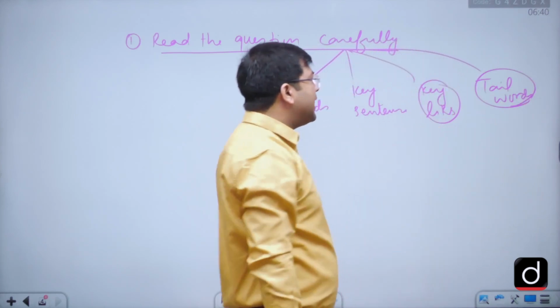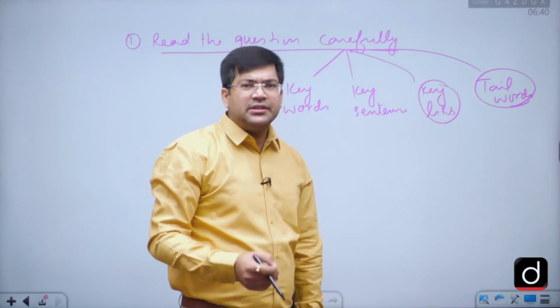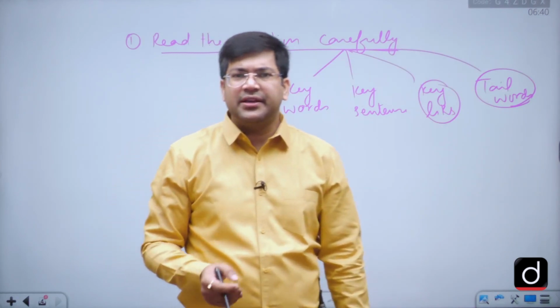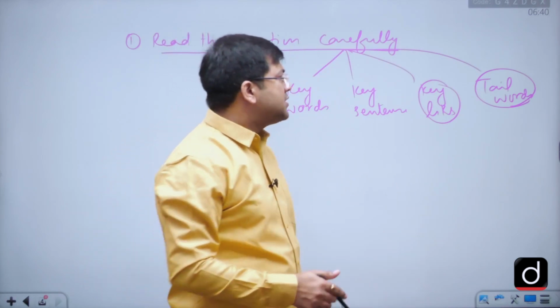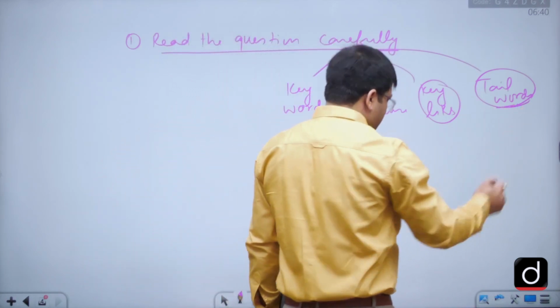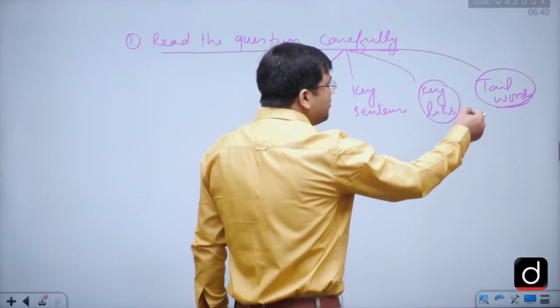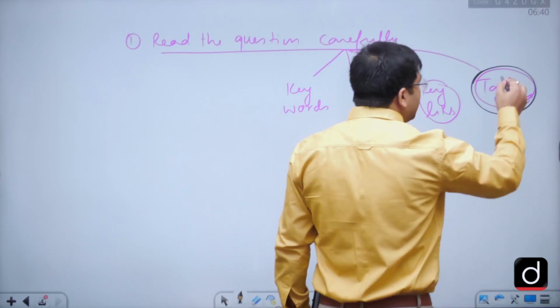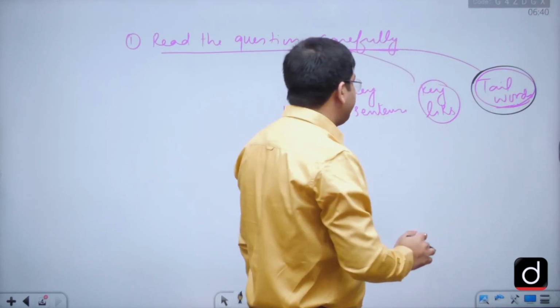These must be identified very well. Tail words are words like describe, explain, examine, evaluate. Such kinds of words are known as tail words. So act accordingly to what the question is trying to ask from you.